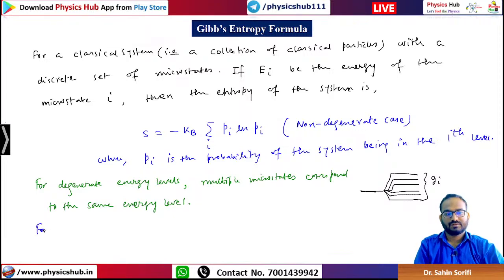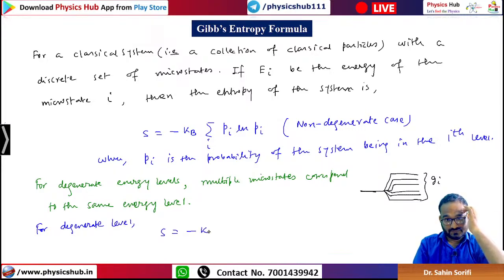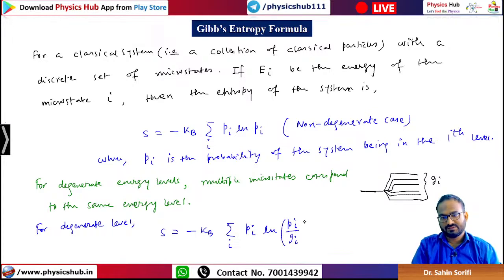For the degenerate level, the formula becomes S is equal to minus kB sum over i. Look, Pi ln Pi was there, only it will be divided by gi.